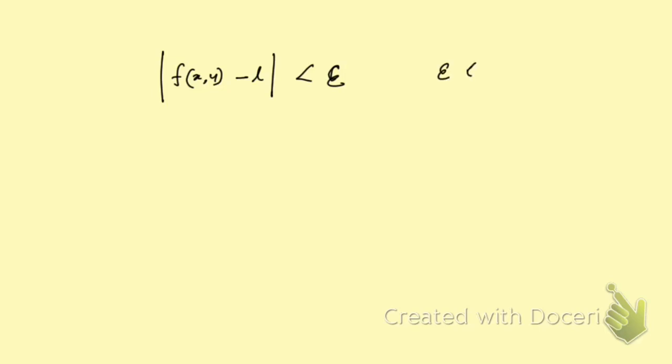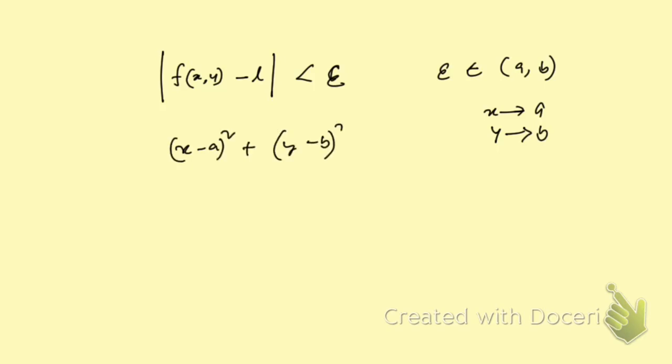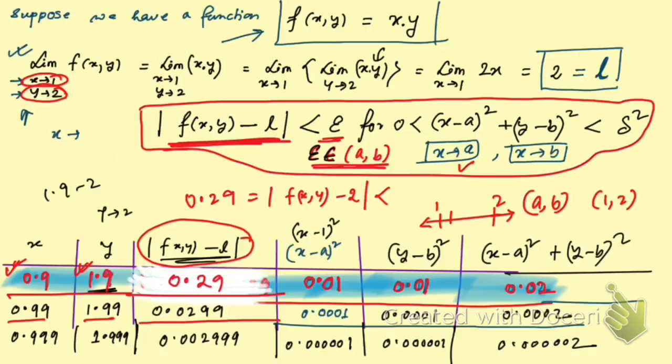This epsilon belongs to a comma b, as x tends to a and y tends to b, and x minus a whole square plus y minus b whole square should be greater than 0 and less than the square of another positive number.